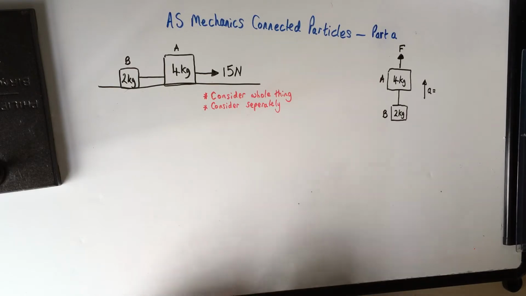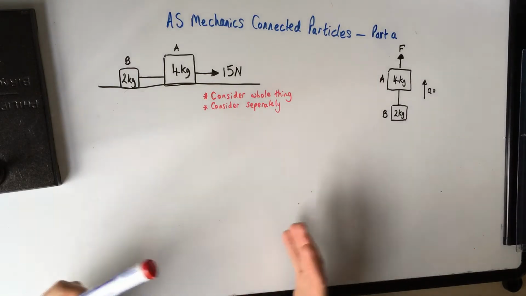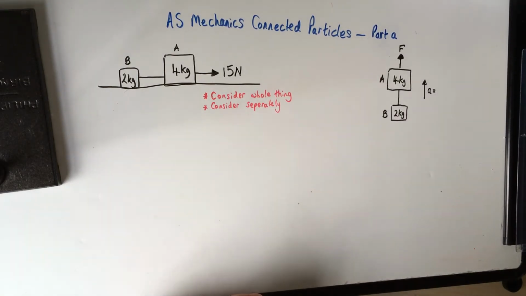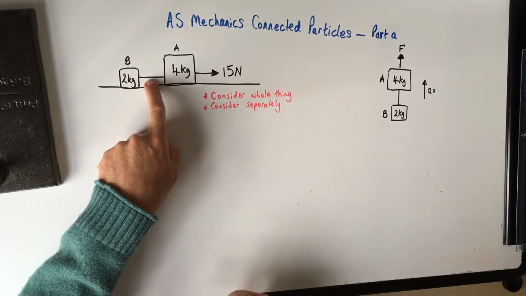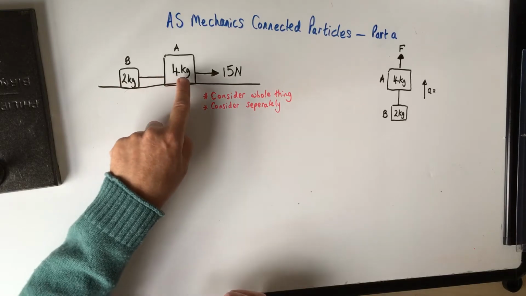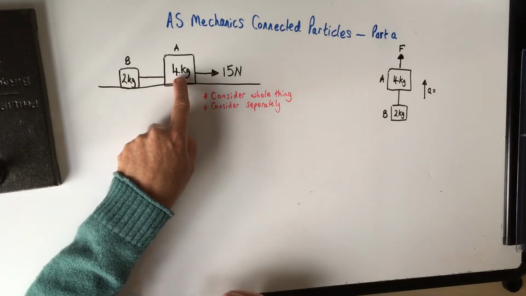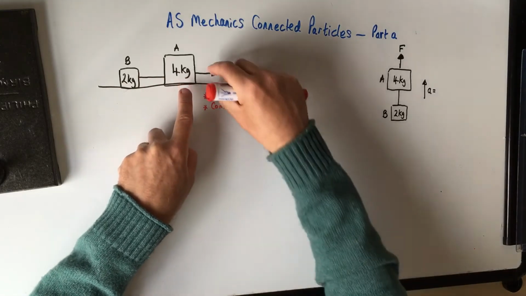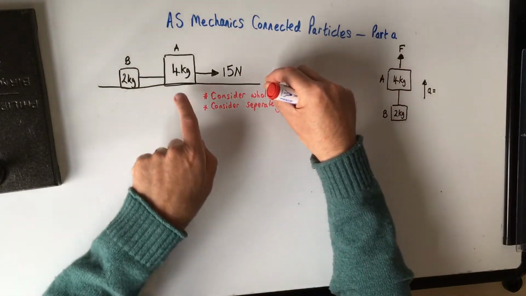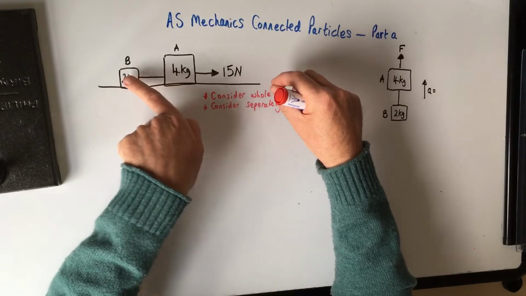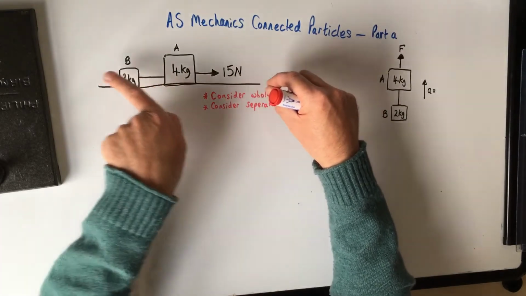I also want you to draw in your diagram the important forces. Whenever you get something with a string or a rod in, we need to put the tension in. Now tension acts away from the object. So tension is actually a retarding force on this 4 kilograms. It's being pulled this way by a force, but actually this dead weight of 2 kilograms here is pulling back that way.